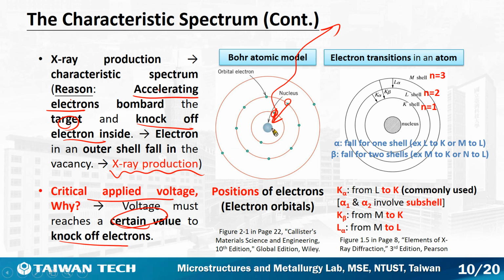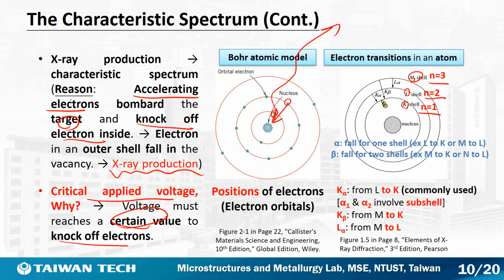Okay, and let's talk about the K, L, M, and also K alpha, K beta here. So K, L, M actually refer to the principal quantum number. K is for n equals 1, L is for n equals 2, M is for n equals 3. And K alpha means, as we see here, an electron will be knocked off.